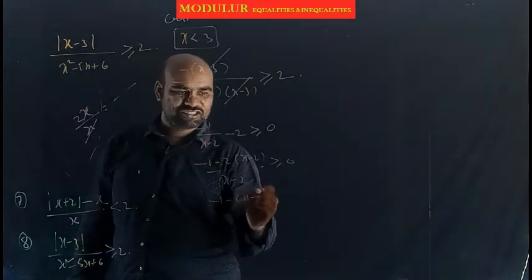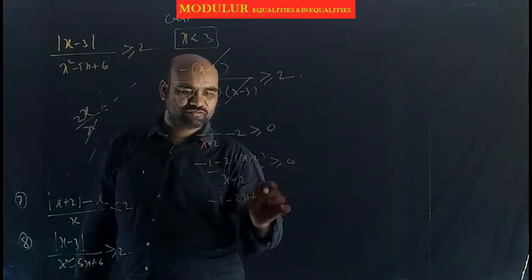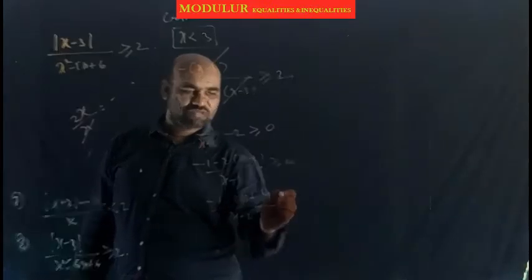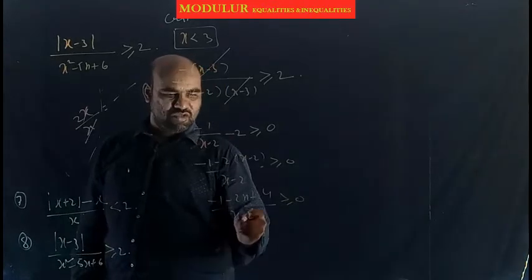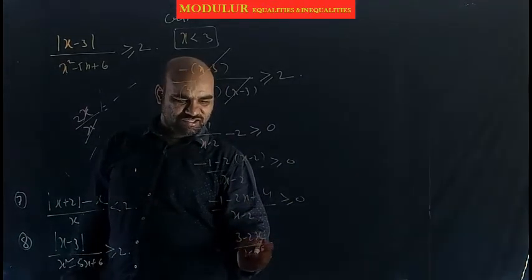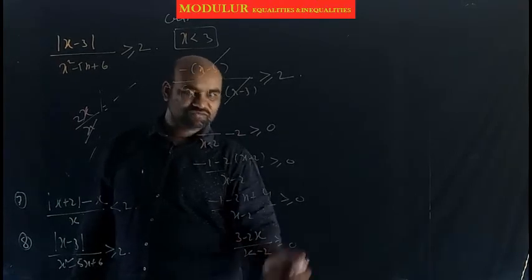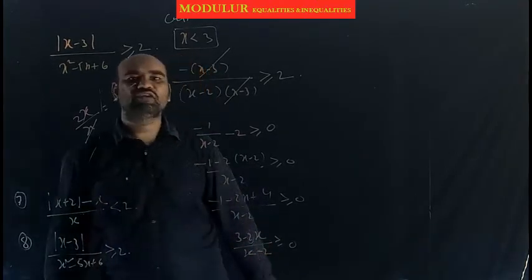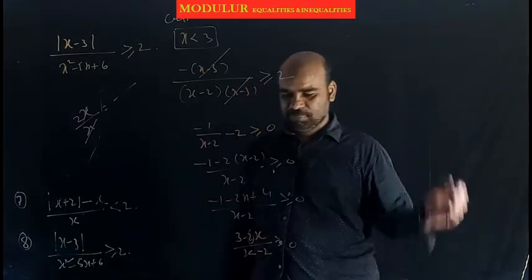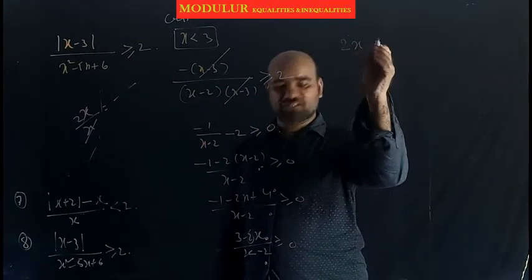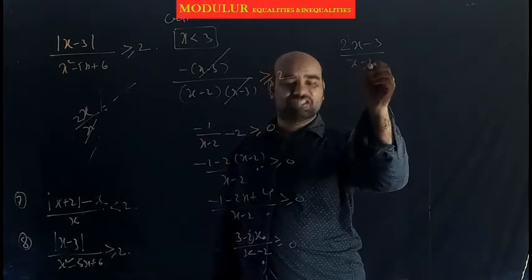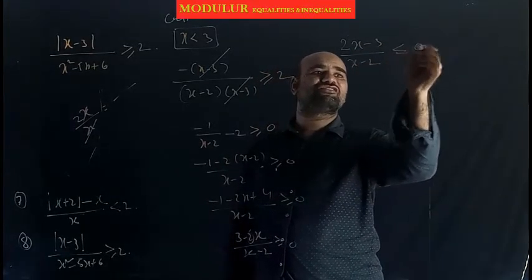Minus 1 minus 2x plus 4 by x minus 2 greater than or equal to 0, or I can say 3 minus 2x by x minus 2 greater than or equal to 0. Again, I don't like a negative x coefficient here. Just multiply the numerator by minus 1. So what happened now? 2x minus 3 by x minus 2 less than or equal to 0.